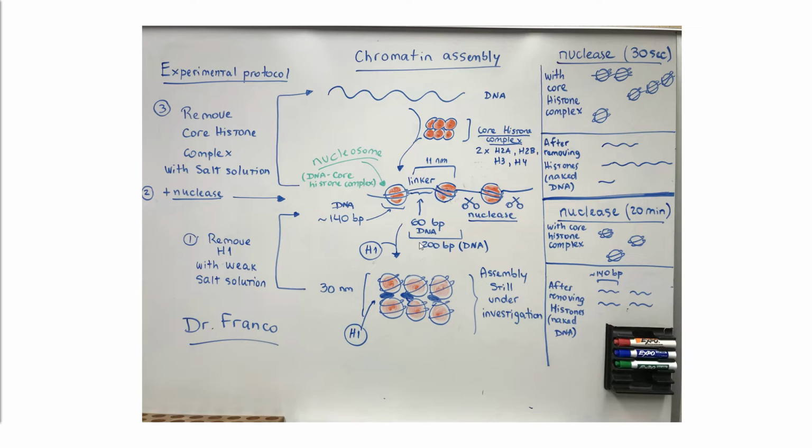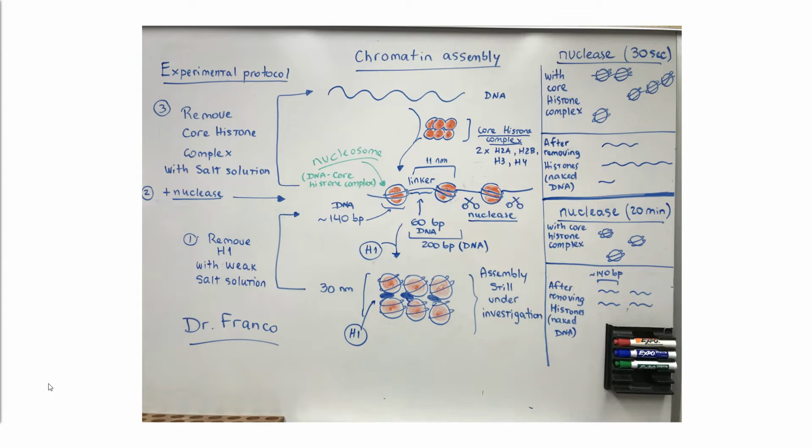Once H1 is added, we know that chromatin starts to organize into the 30 nanometer fiber, and Dr. Franco did a great job of indicating here that the assembly of higher order structures is still an active area of research today.